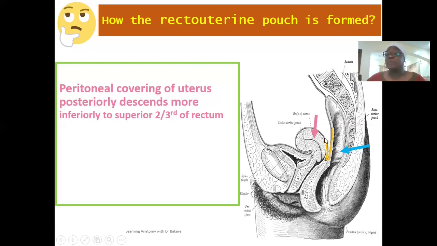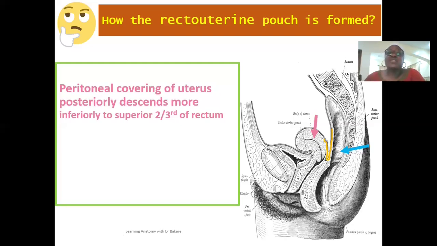And you see that the peritoneal covering of the posterior region of the uterus descends as far as the vaginal fornix, and this is where we say that the rectouterine pouch can also be referred to as the rectovaginal pouch, because it also descends down to the upper region of the vaginal canal, which is the vaginal fornix. And this is where the name is also being drafted.